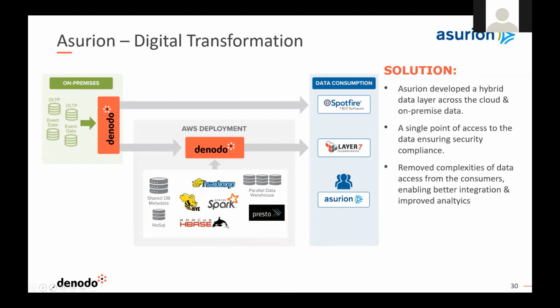It also meant now that from a consumption point of view, all these consumers here would be accessing the data with a single consistent security model so that they could be sure that they're meeting all the regulatory requirements about where and how that data should be used across the organization. Very fine-grained role-based access control for the right use case.